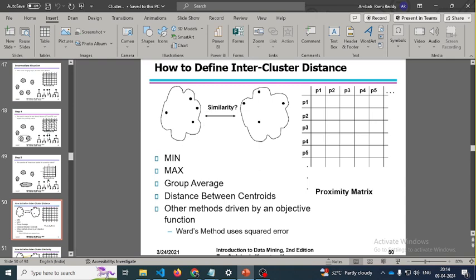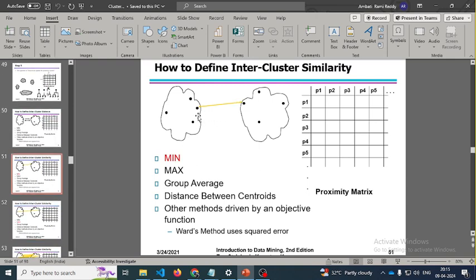One will be based on minimum. This is one cluster, and inside this cluster we may have one point. This is another cluster, we may have another point. Based on minimum, you observe all the data points present in this cluster and the data points present in the other cluster.